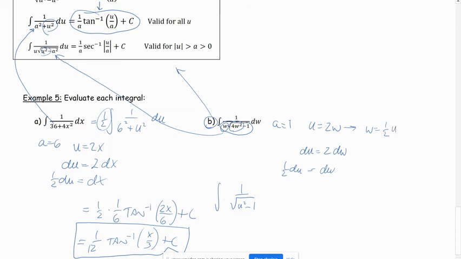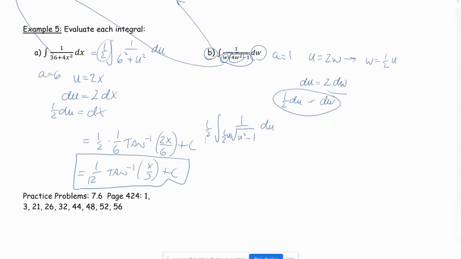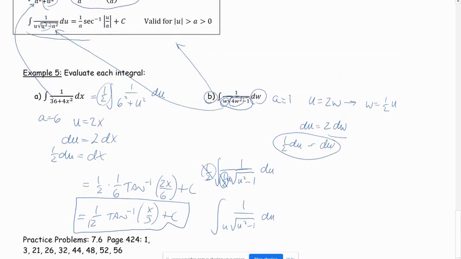And so this is going to be 1/2 u. And then in place of dw, we said here dw gets replaced by 1/2 du. So the 1/2 is there. And since this 1/2 is in the denominator and this 1/2 is in the numerator, those would cancel. So we just get 1 over u square root of u squared minus 1 du, which matches this exactly.